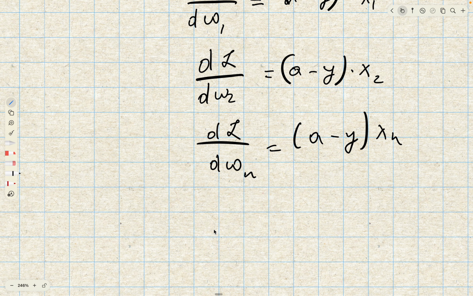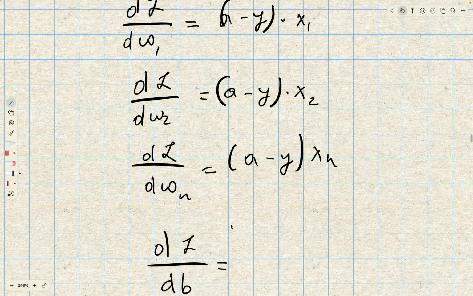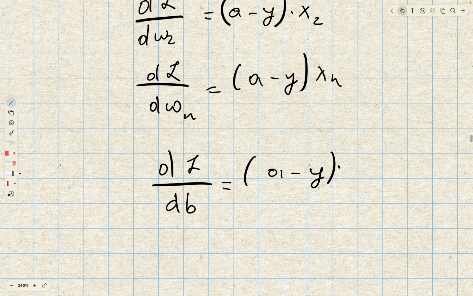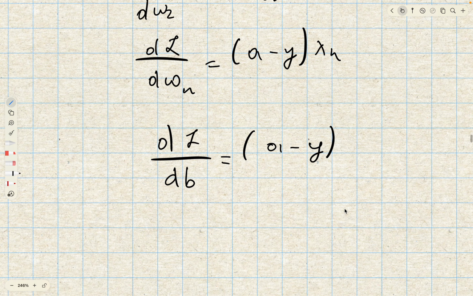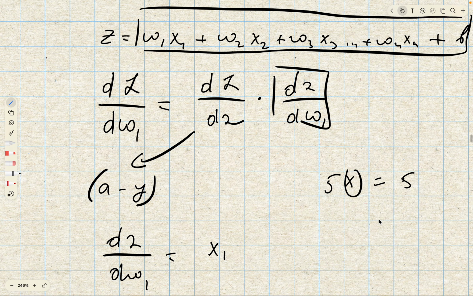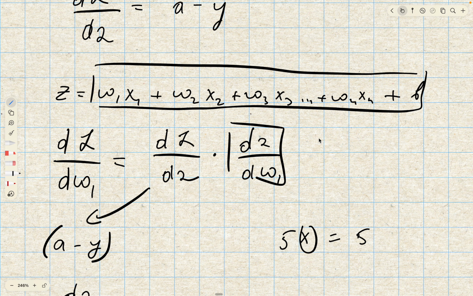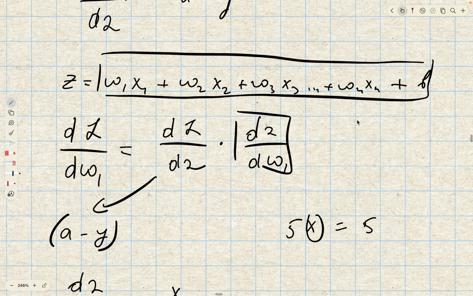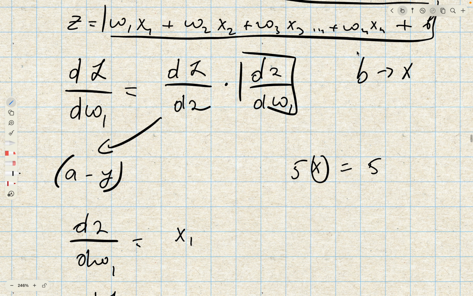Okay, the last thing is to find the derivative of the loss function with respect to parameter B. Then it's (A minus y) multiplied by dZ/dB, because this is dL/dZ. As we said, if we treat all other parameters as constants, we're only left with B. B is the only variable that is changing, and the derivative of x is just 1, so the derivative of B is also 1.